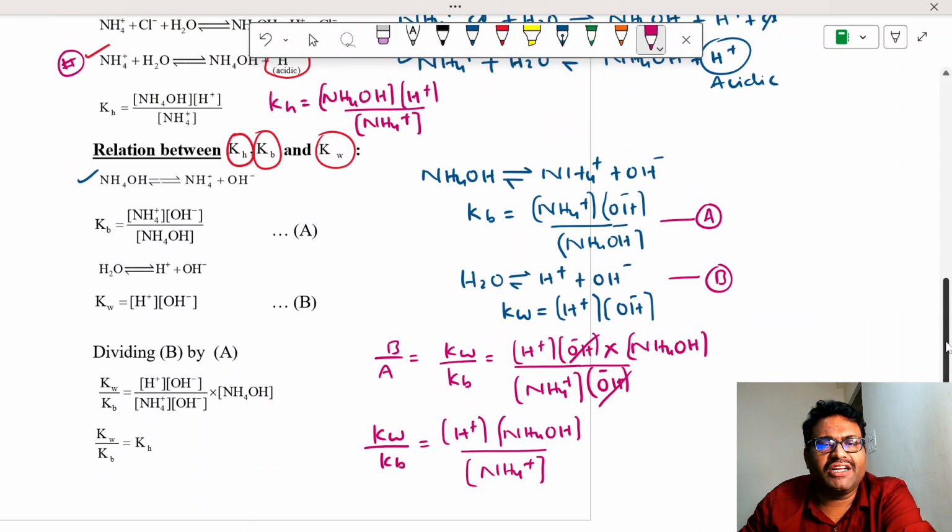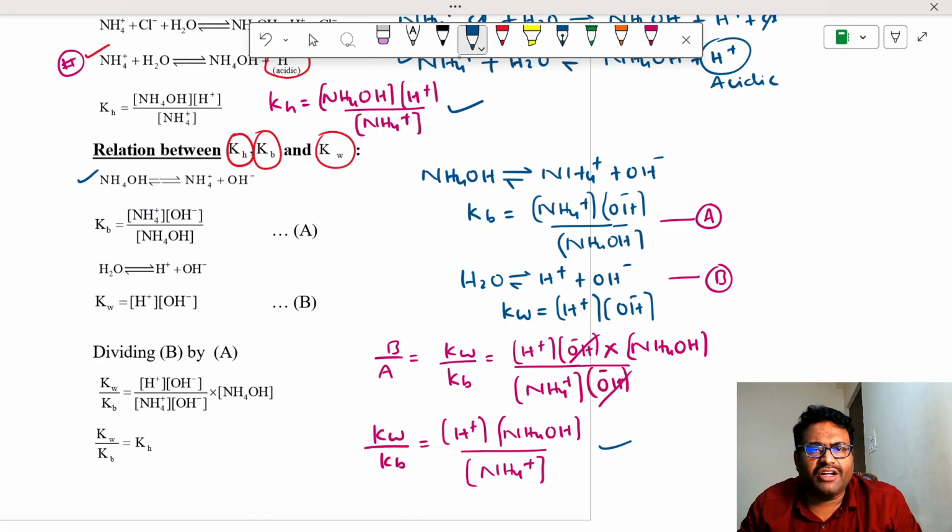Look into that. What is KH here? You can find KH and these are same. What is KH? You have written it is equal to NH4OH concentration into H plus ion concentration by NH4 plus concentration. Kw by Kb also you got the same. Are you getting this?